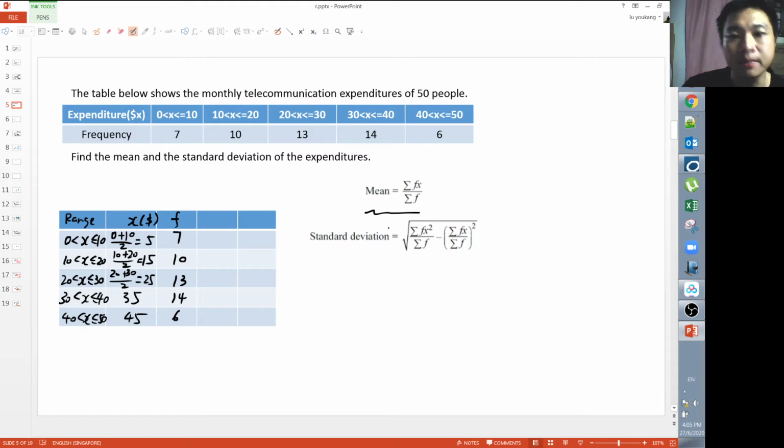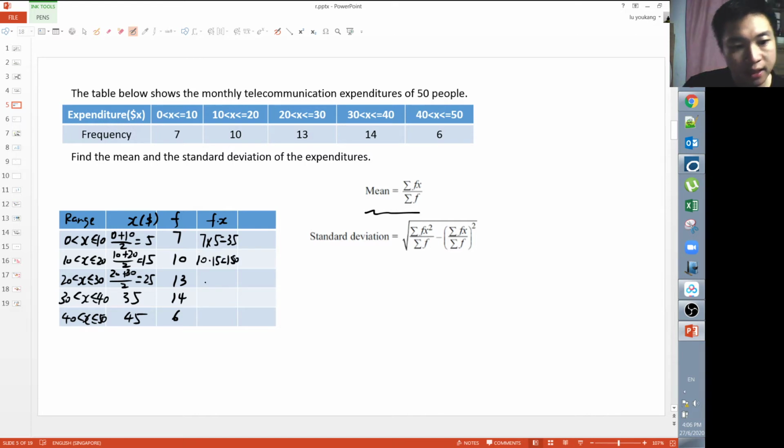The mean is given by the summation of fx divided by the summation of f. So right now I'm going to find out what my fx is for each range. fx means f times x. Over here your f is 7 and your x is 5, so you get 35. For this one it is 10 times 15, so you get 150.